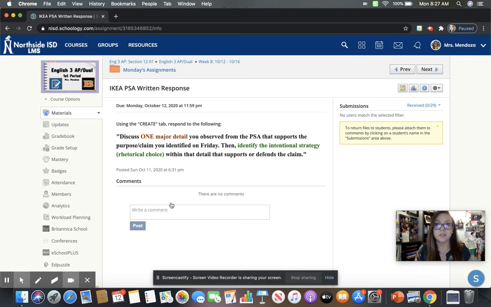So if your claim is regarding one small change, such as changing your temperature by 4 degrees or reducing your carbon footprint or something to that effect, maybe the detail that you found was a sign that was strategically placed throughout the store. And then within that particular detail, you have to identify the intentional strategy or rhetorical choice.